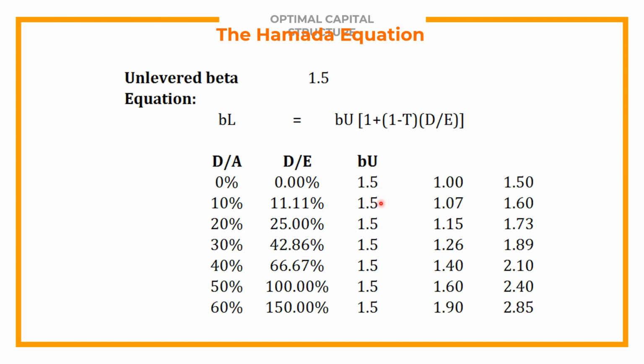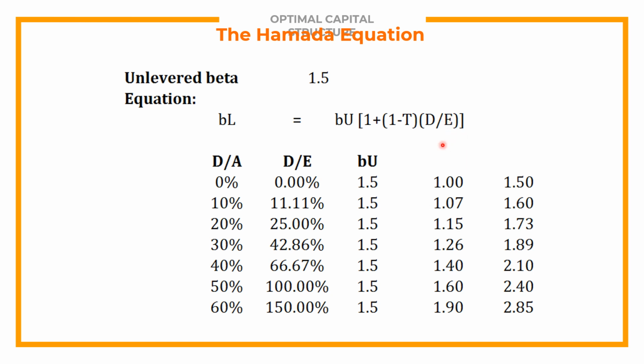Our unlevered beta is 1.5. When we compute for the levered beta, okay, this column here is the levered beta. So that would be unlevered beta multiplied by 1 plus 1 minus tax rate times the debt-equity ratio.